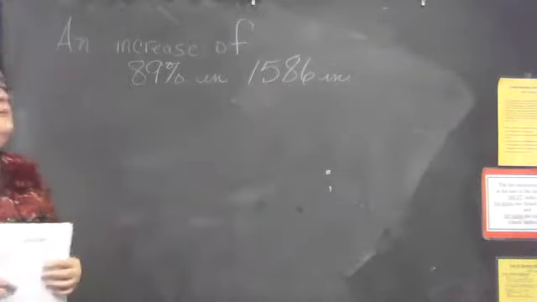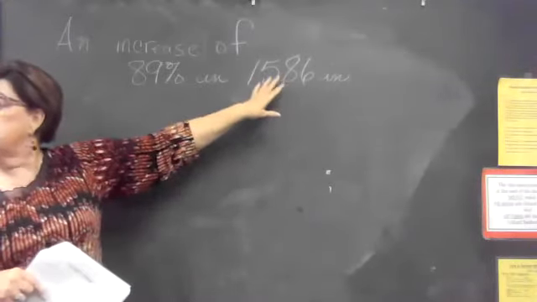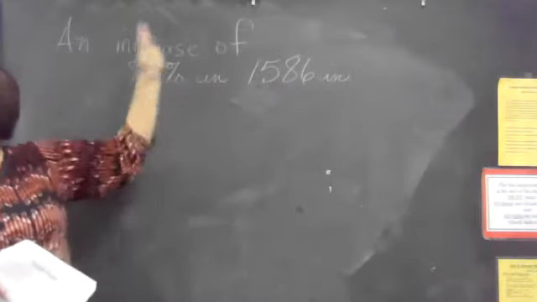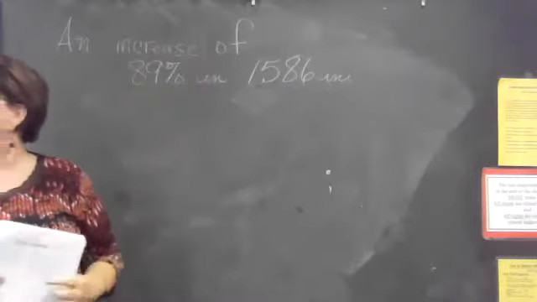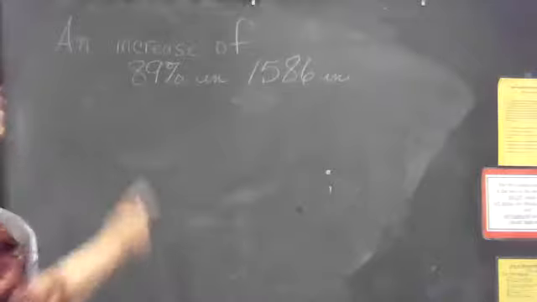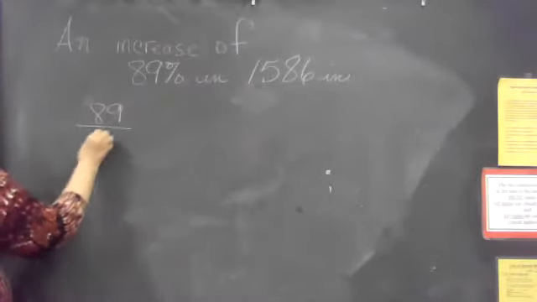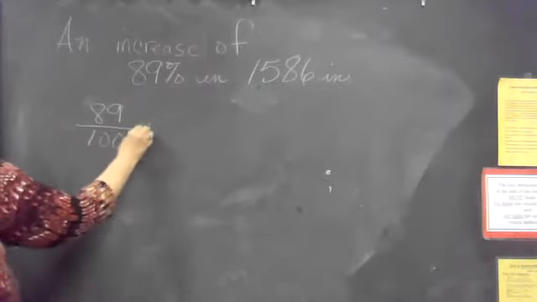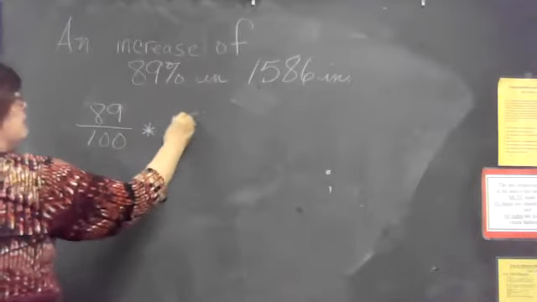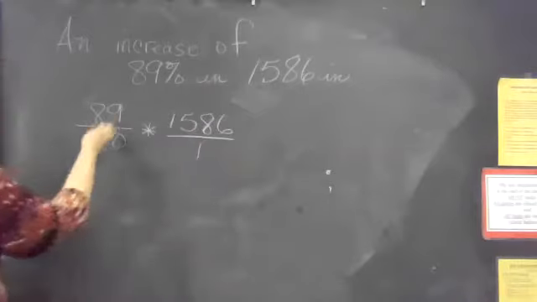Now, the way that we do this is, they said we start with this, and I want to increase it 89%. It doesn't have the word of in here, but you're going to have to find 89% of the original amount. So we're going to say 89, and percent means over 100, times, which is of, 89% of 1586. We put it over 1 because this is a fraction.